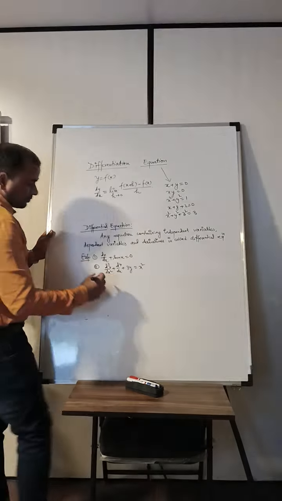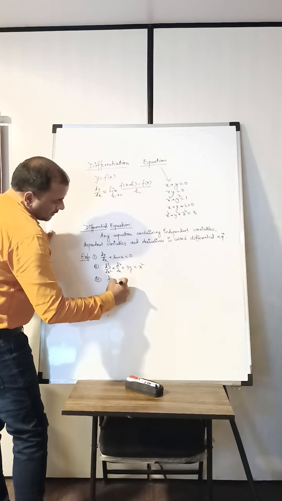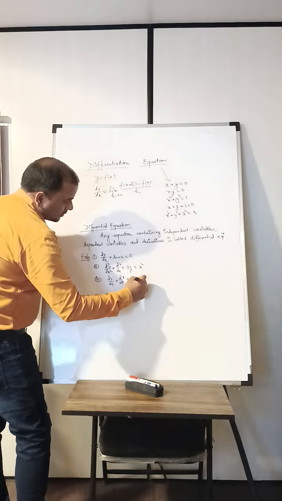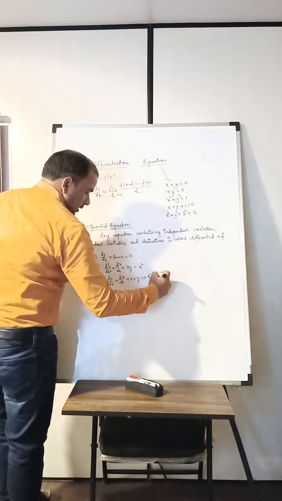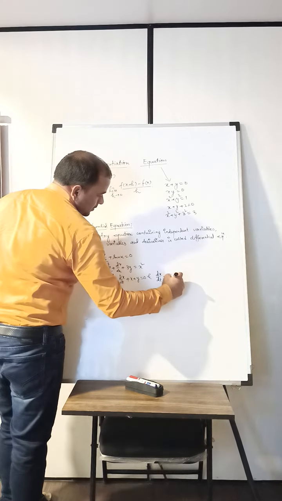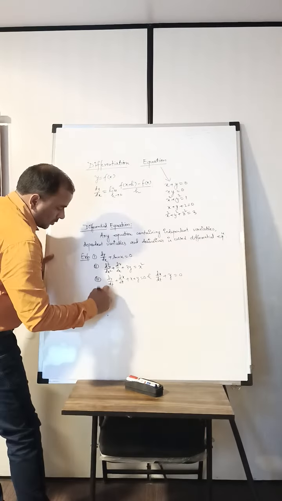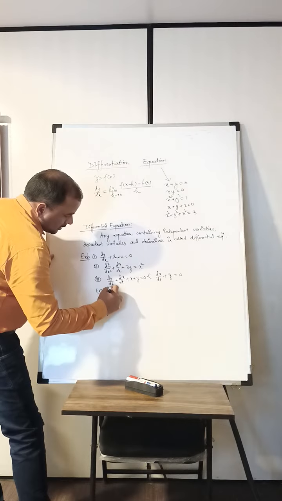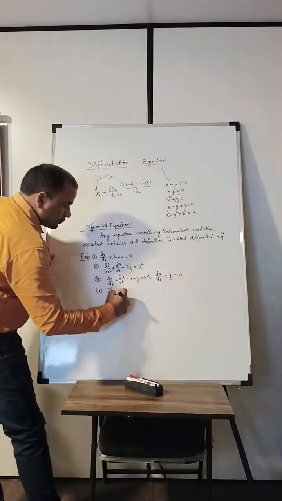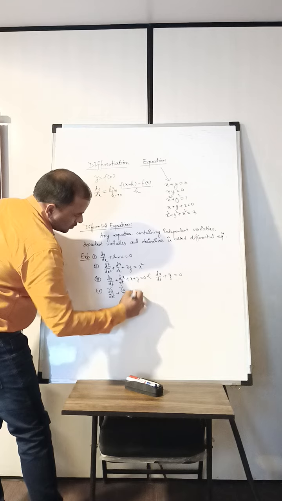Third one, dy/dt plus dx/dt plus x plus y is equal to 0, and dx/dt plus y equal to 0. Fourth, del 2u by del x2 plus del 2u by del y2 equal to 3.